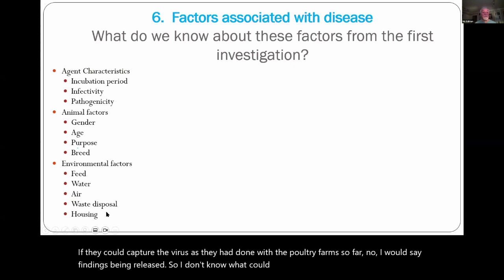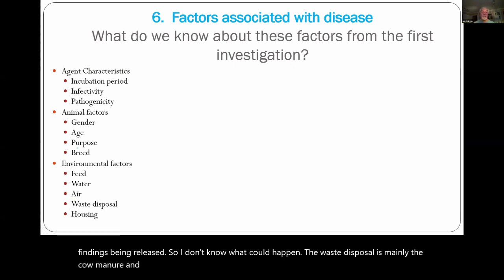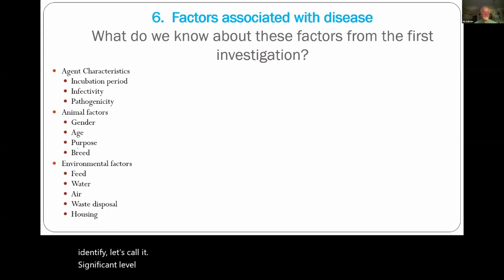The waste disposal is mainly the cow manure and how it could be contaminated. So far, they could not really identify, let's call it, a significant level of the virus in the waste material. Housing, the majority of the farms are what they call dry lot farms.